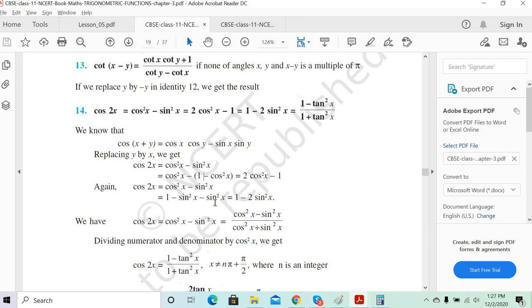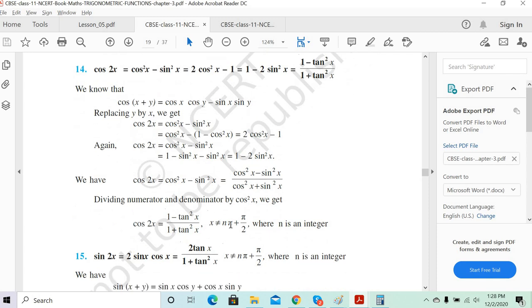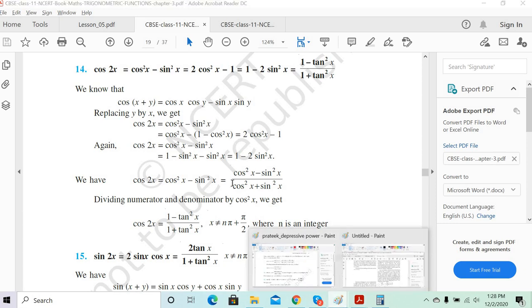So cos 2x can be represented as cos square x minus sin square x, or 2 cos square x minus 1, or 1 minus 2 sin square x.